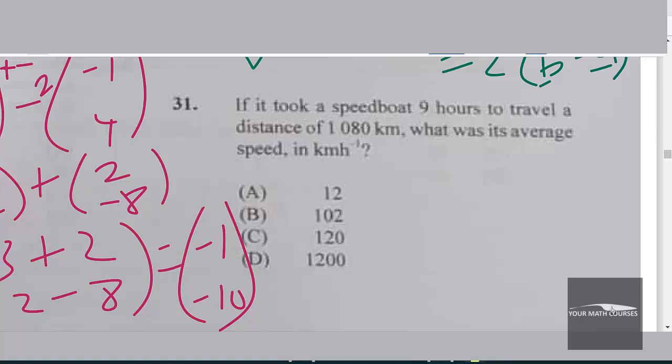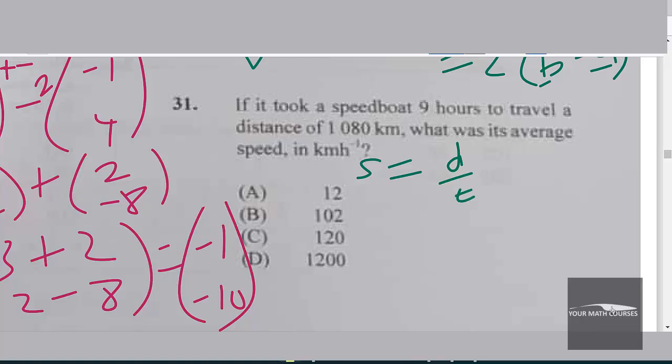Now let's turn to item 31. If it took a speedboat 9 hours to travel a distance of 1,080 kilometers, what is its average speed in kilometers per hour? So average speed is equal to distance covered over time taken.